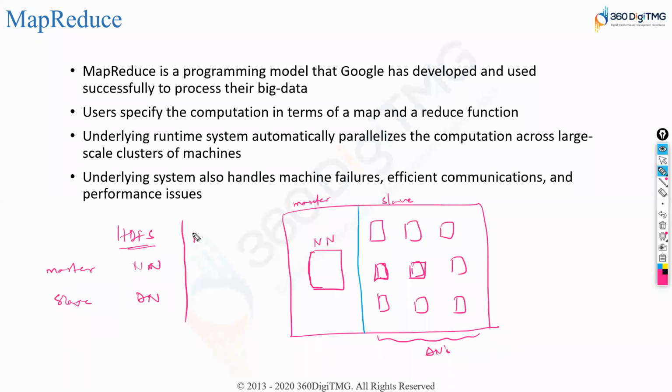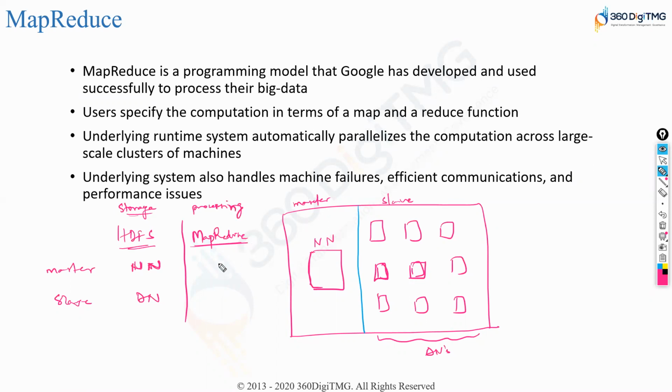Now in the MapReduce, also we need to see there is a master node and slave node, because this service is different, right? You're basically doing processing. Here we are trying to solve the storage related challenges. Here we are trying to solve the processing related challenges.